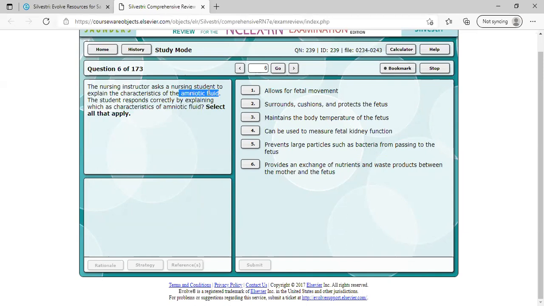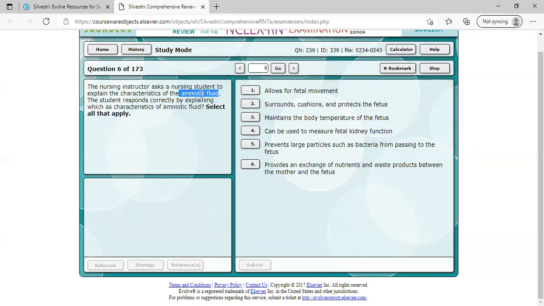It protects the baby from any kind of infection getting in. Which response correctly explains the characteristics of amniotic fluid? Select all. So you have to know the basic character and function of amniotic fluid. Then you can answer the questions.